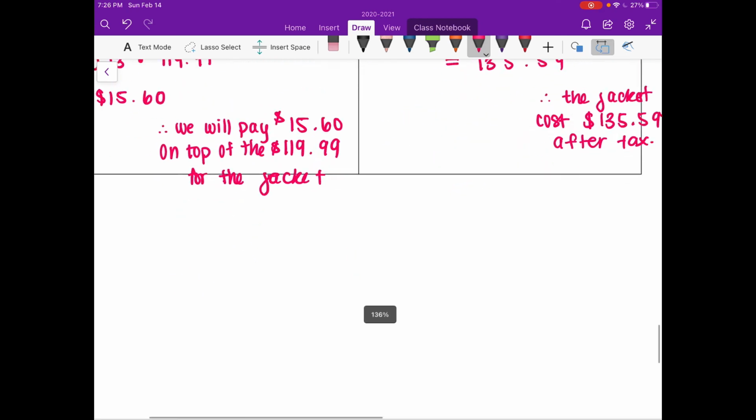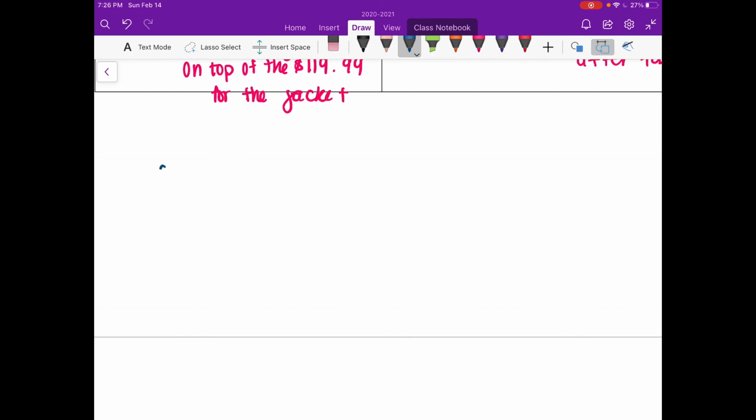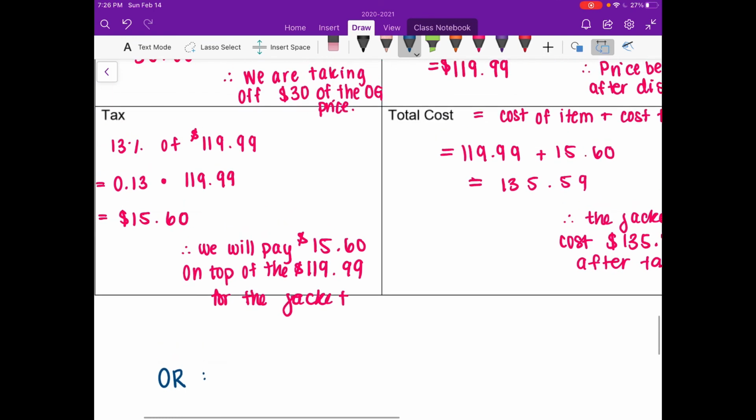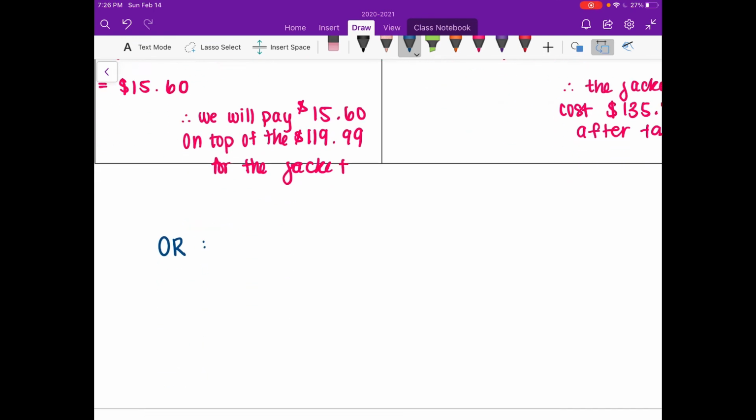I'm just going to show you really quickly underneath here another way to do tax, right? So what some people do is they take this step here, calculating the tax and the total cost, and add it into one step. So what they do is $119.99 times 1.13, right? The .13 here represents tax, and the 1 here represents the cost of the item. So what you're doing is you're basically adding and multiplying in the same step, right?